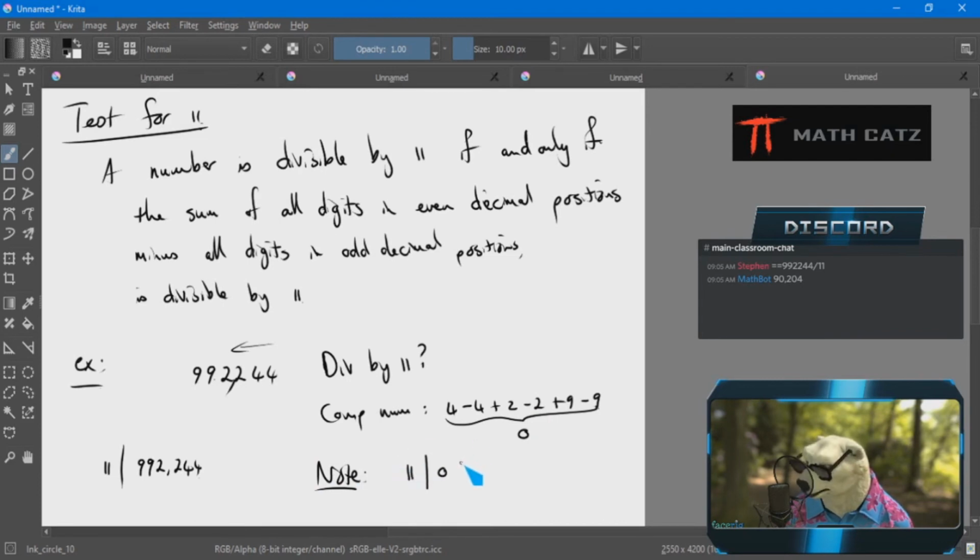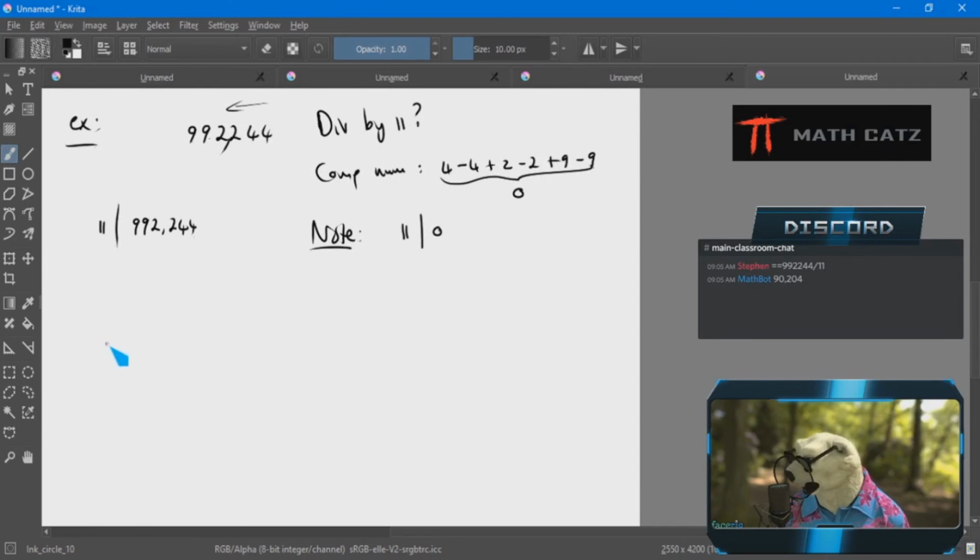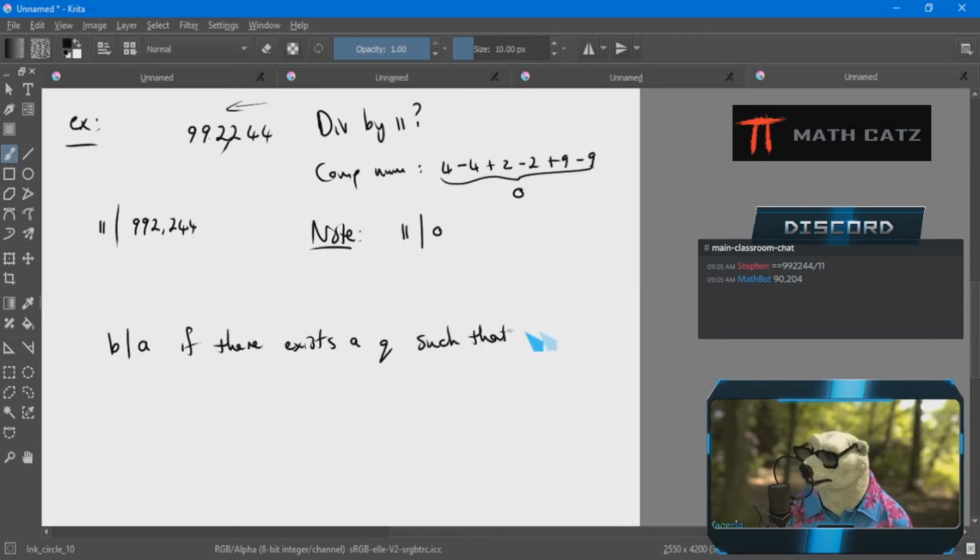What is my divisibility definition? Remember, B divides into A if there exists an integer q such that I can write it in the quotient remainder form with no remainder. No remainder. Well, in this case, B is 11. A happens to be not bigger, though intuitively I think of A as bigger.